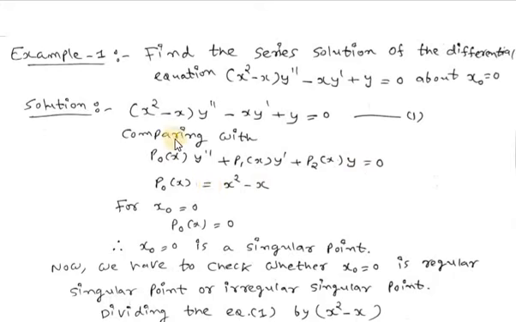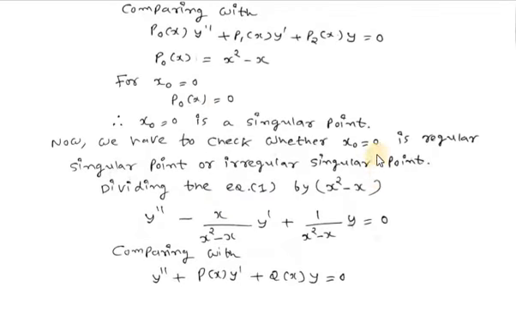By comparison, we have p0(x) equals x square minus x. Now for x0 equals 0, p0(x) equals 0 because 0 square minus 0 is 0. So if p0(x) equals 0 at x equals 0, then x0 equals 0 is a singular point. Now we have to check whether x0 equals 0 is an RSP or an ISP.